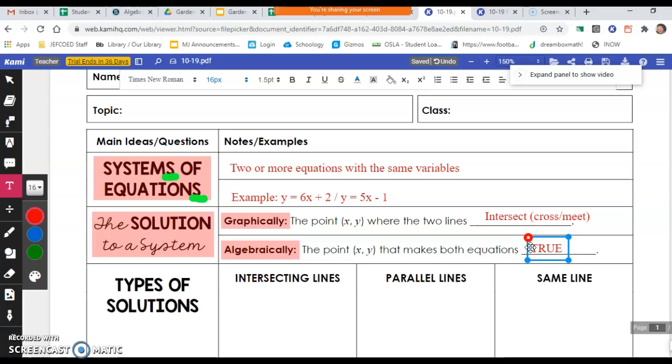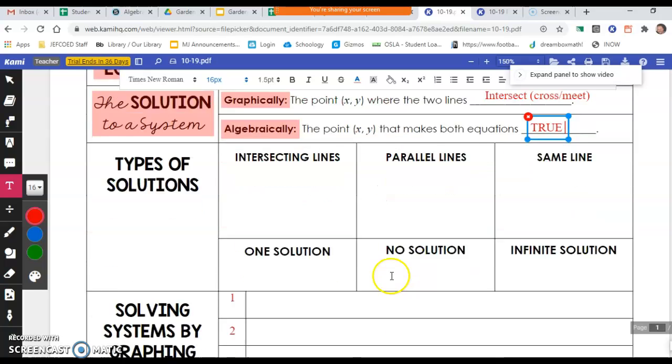Now, for some of you that are unfamiliar with a true answer, what is 6 plus 2? 8. So if you have 6 plus 2 equals 8, that equation is true. If you had 6 plus 2 equals 9, that equation would be false. So it's as simple as it sounds. Okay?